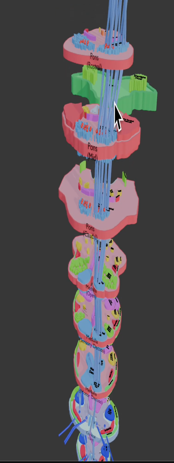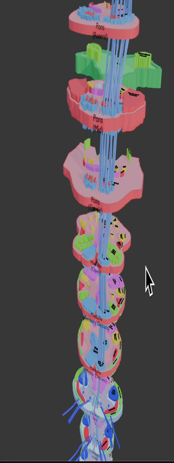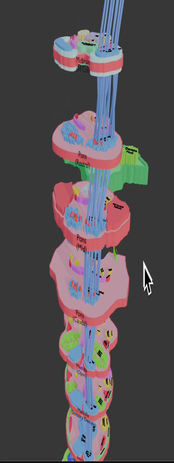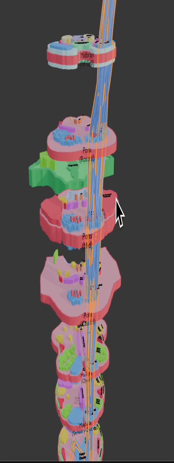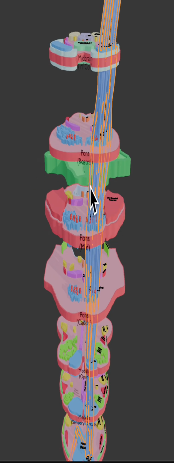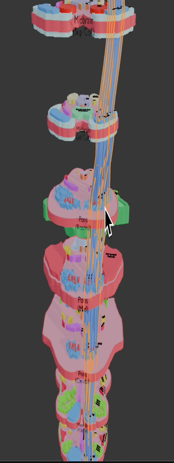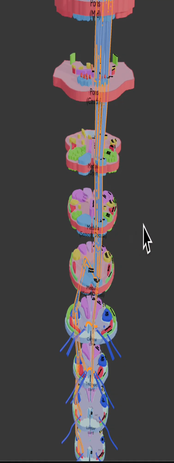These fibers, shown in blue, are the upper motor neuron fibers, which go all the way down to the spinal cord. Remember, only in the pons, because of the presence of the middle cerebellar peduncle, the arrangement of the fibers is shattered, whereas at the top and bottom, they are more like a bundle.